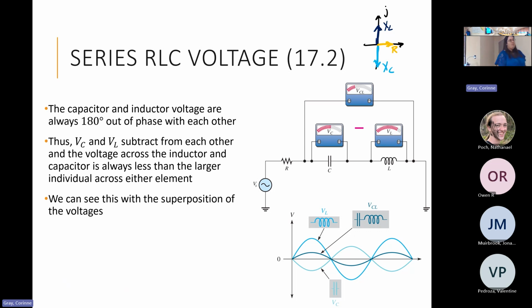We can see that for the capacitor, which is this bottom line here, compared to the inductor, individually, they have different values, but when you sum them together, it ends up being a smaller overall voltage. It's just a fun little weird thing that pops out. You'll see this pops up a couple times in the text, but we're not going to do anything with it. Any questions about series RLC voltage?